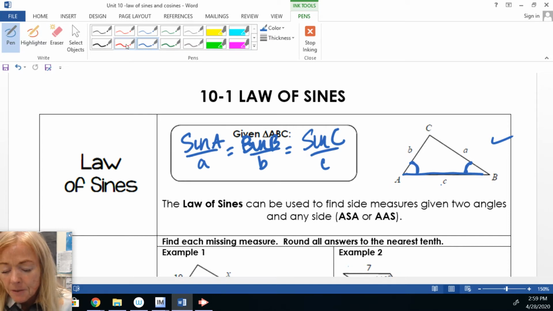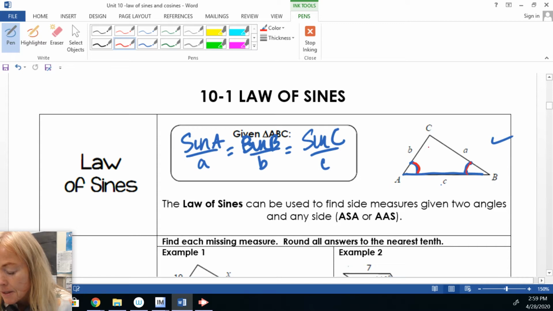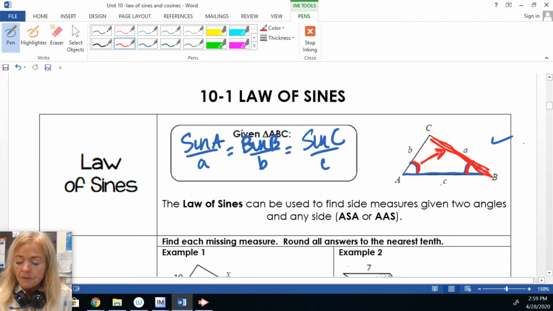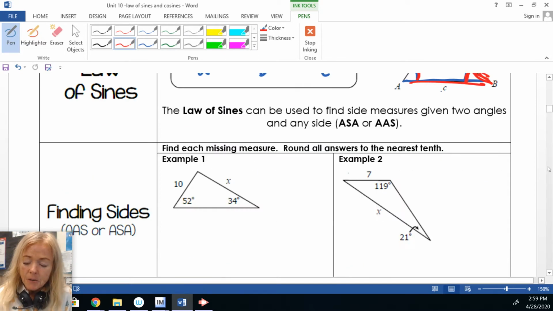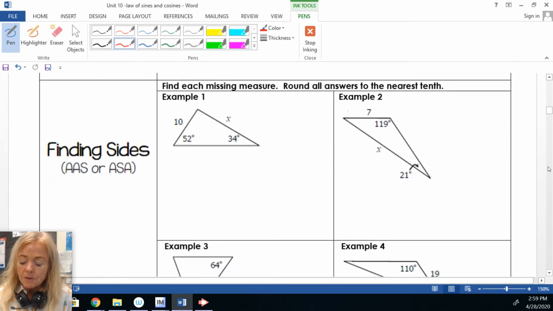Or it can be helpful if you have an angle and then a side, and that allows you to set up everything, because you have to have an angle opposite a side. You have to have at least one of those ratios and then another angle so you know the side. And in this case you can find that third angle. You'd have the sine of the angle over the side equal to the sine of the angle over the other side you're finding. So you have to have a specific setup in order to use the law of sines.